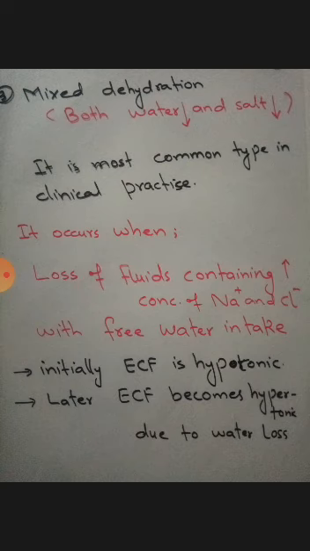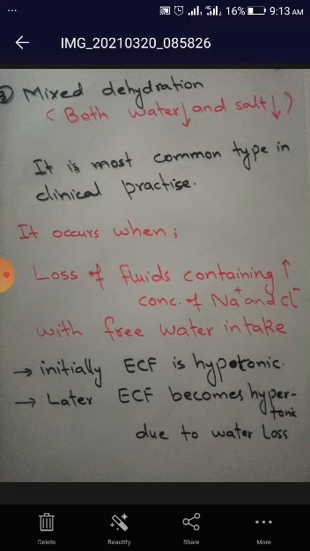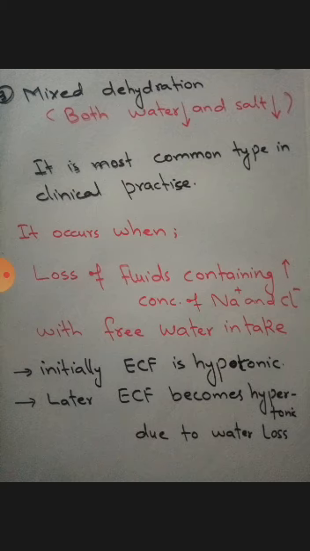When water from the ICF enters the ECF, what would happen? ECF volume will be increased. It means water deficiency has been recovered, but salt is the same. Salt loss has not been compensated. So less salt is present in more water now. That term is known as hypotonic, like a dilute solution, less solute concentration in more solvent.